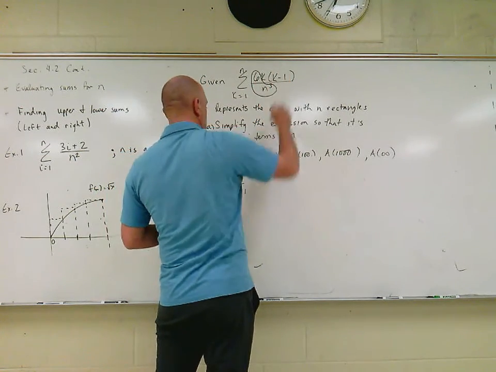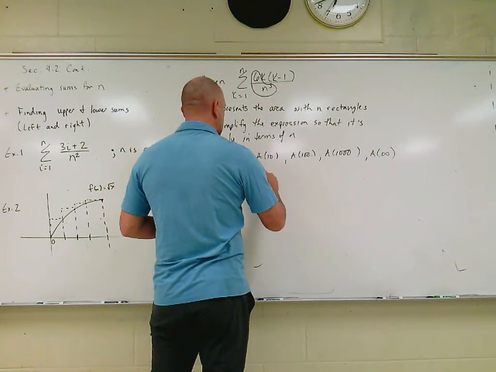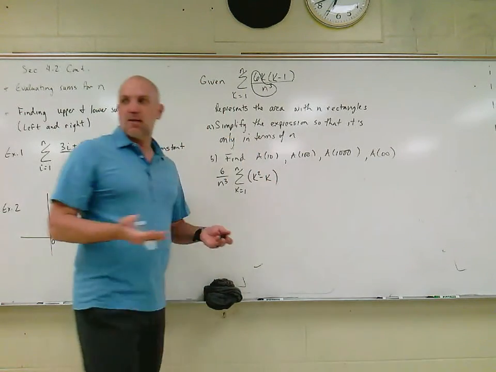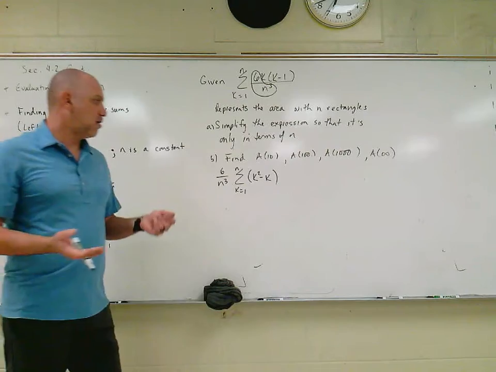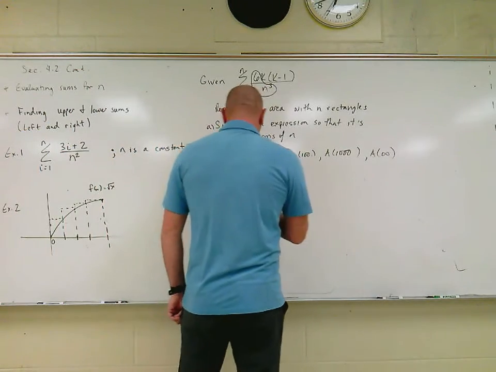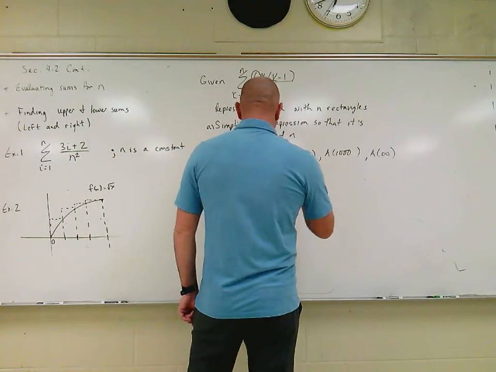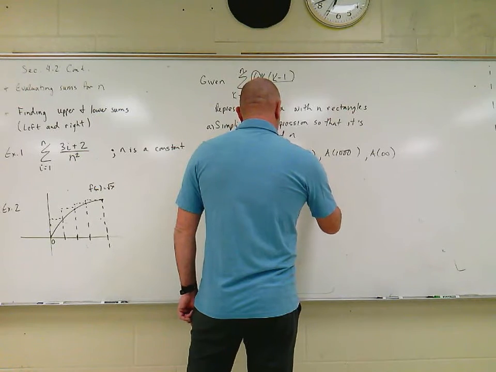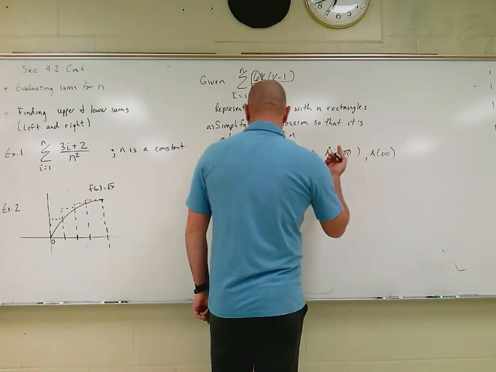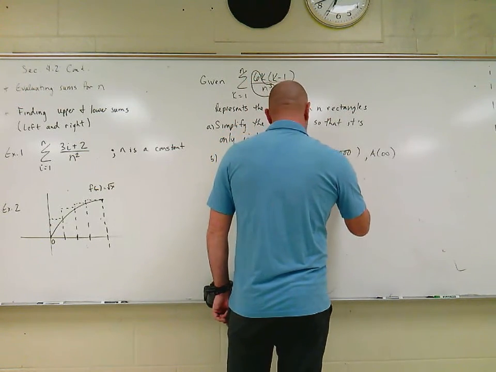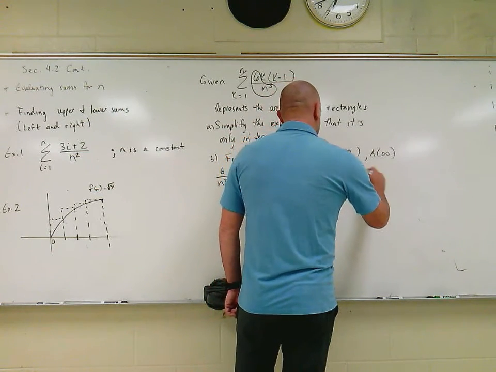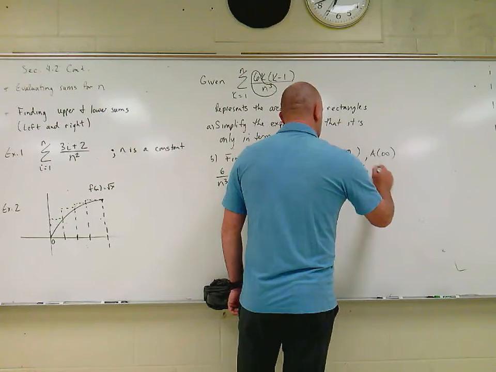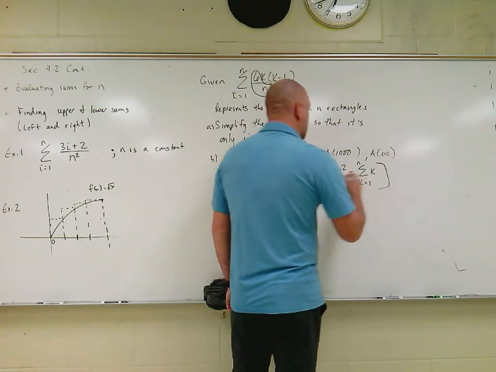I'll just distribute this k, and then get k squared minus k. k is the same as my i, okay? And so now all I've got to do is break it up into two summations, and then I'm ready to substitute my formulas in. The sum as k goes from 1 to n of k squared, minus the sum as k goes from 1 to n of k. Same formula as with your i.